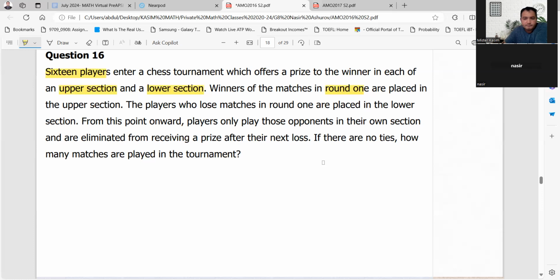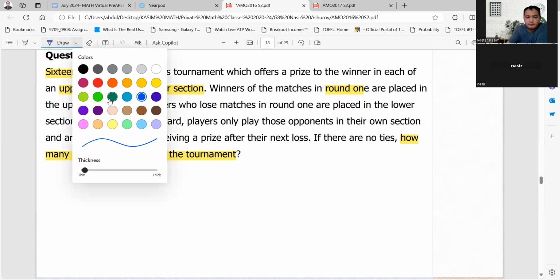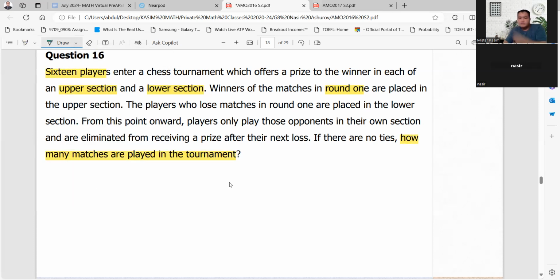Wait, if they lose they still keep playing, right? Winners of the matches in round 1 are placed in the upper section, and the players who lose in round 1 are placed in the lower section. Then the first round, we are just grouping them, right? The good players in the upper section, weak players in the lower section.